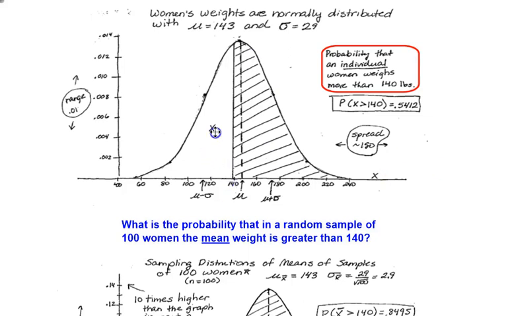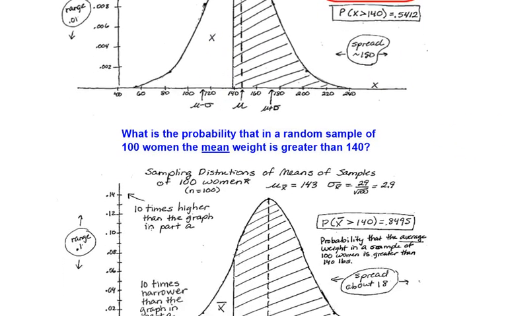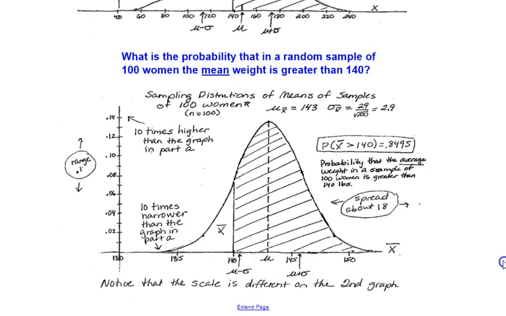So this is a distribution of X, individual women's weights. What is the probability that in a random sample of 100 women, the mean weight is greater than 140? Well, remember, since the original population is normal, or approximately normal anyway, the distribution of sample means will also be approximately normal for any sample size.